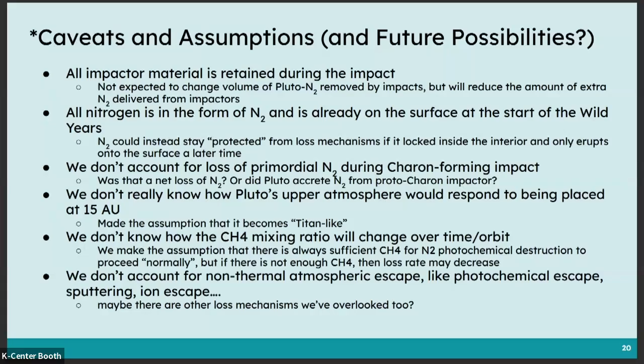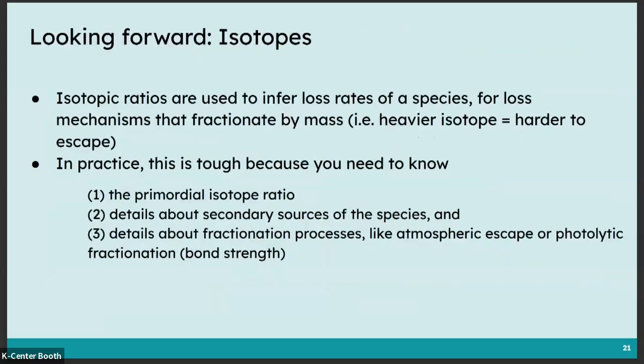You'll notice that we didn't try to estimate the methane escape rate at all. We only looked at nitrogen. So there's lots more work still to be done. But at this point in time, that's our conclusion, that even accounting for the early sun and early Pluto behavior, not much nitrogen was lost.